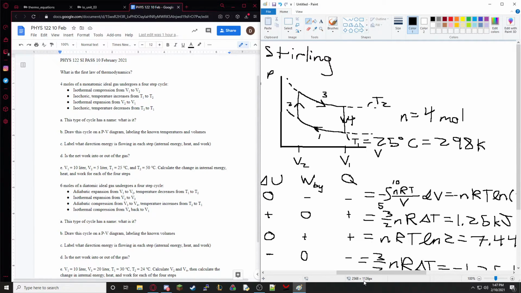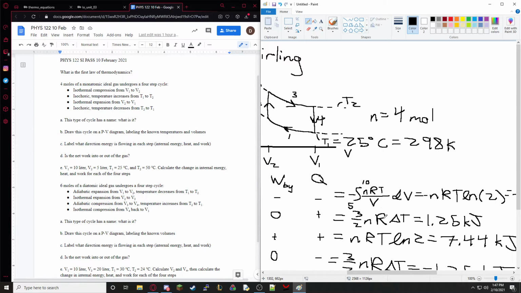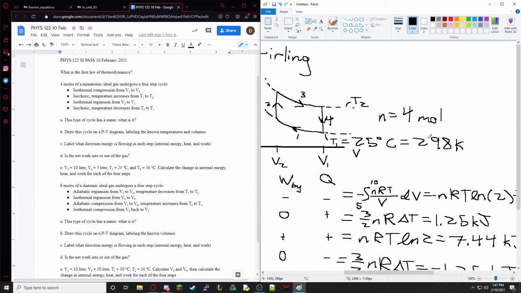What I'd recommend is still calculating a temperature. Use the pressure that you're given to calculate a temperature, and then just use nRT ln2. And how would you use the pressure and the volume to calculate the temperature? PV equals nRT. Yep, exactly. So say you were given a pressure of 1 atm and a volume of 5 cubic meters, you would be able to calculate the temperature from that. Got it. Yep. Any other questions about this?